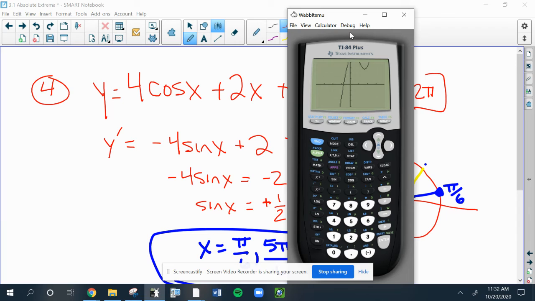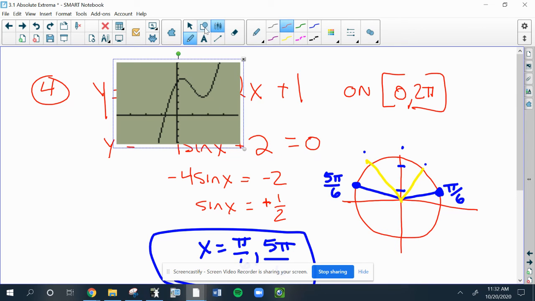I'm going to extend my y because it looks like it peaks up here, and I don't want to screw up the whole zoom, the x-axis. So now I'm going to hit window and my y max, so the graph goes up a little bit more. I'm going to change to, say, 8 and regraph it.